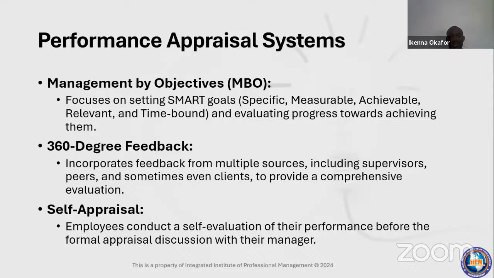So we can use that, we can use the 360-degree feedback system, whereby one person is being rated in multiple dimensions, including subordinates, peers, and supervisors, and most people use this system because it reduces bias.